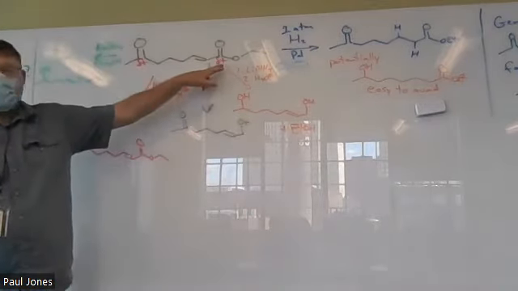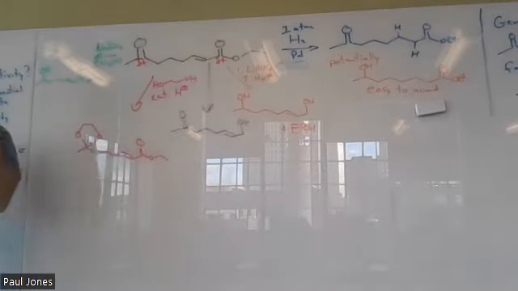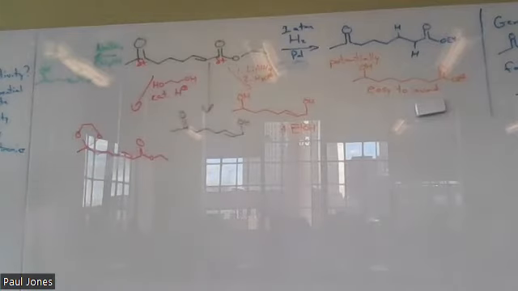So I want to reduce the ester without reducing the ketone. There is no way to do that in one step. All right, the ketone reacts to nucleophiles faster than the ester does. So you can't just say, because I want to, I'm going to reduce the ester and not reduce the ketone.